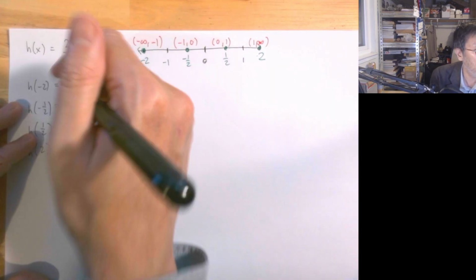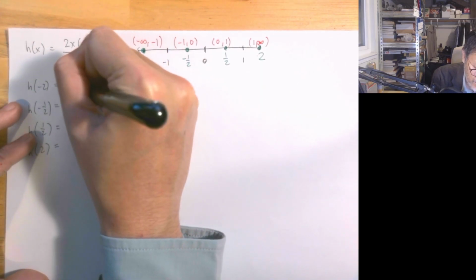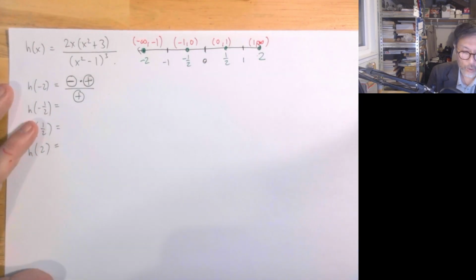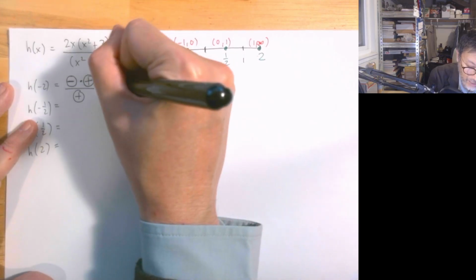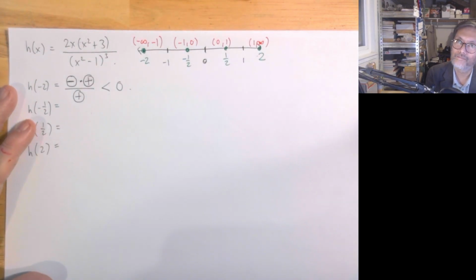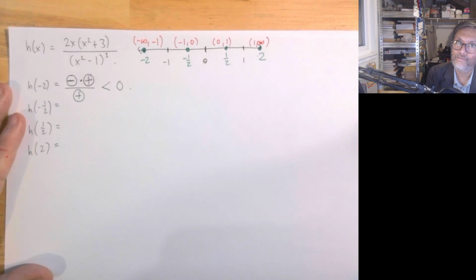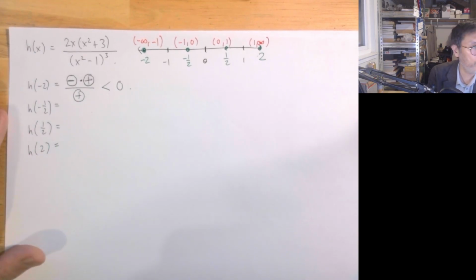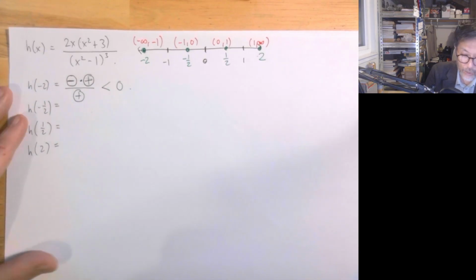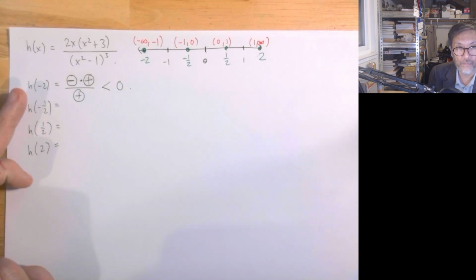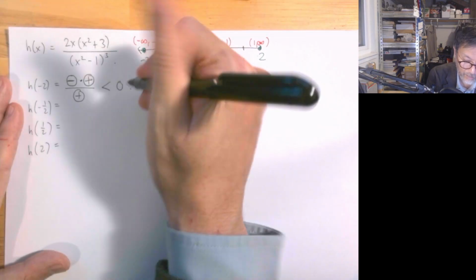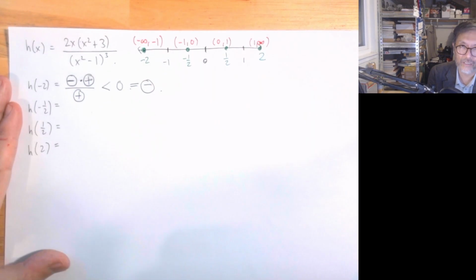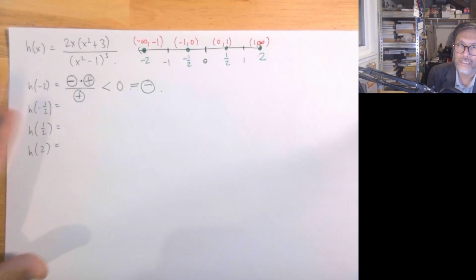You cubed a positive, and that's a positive. So this ends up being a positive downstairs. So we have a negative times a positive divided by a positive. Don't you agree that this is negative? Does this make sense? Hope so. And we can continue in this way. And notice I didn't have to evaluate precisely the value of these numbers, just the sign. I might even write something like this, equals negative.